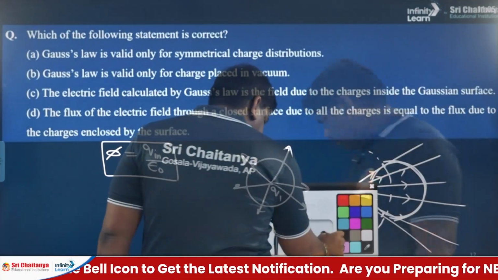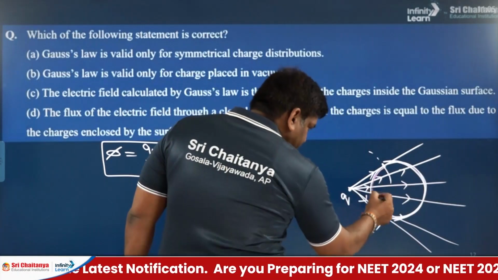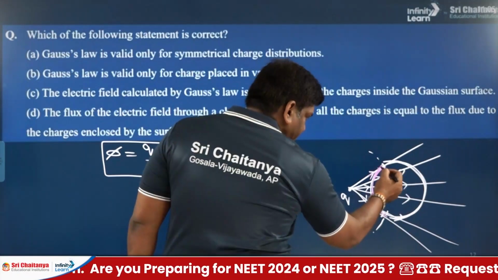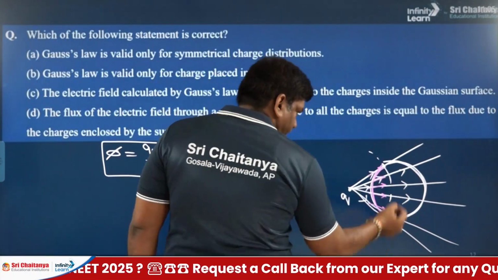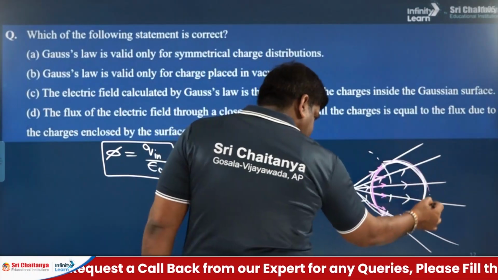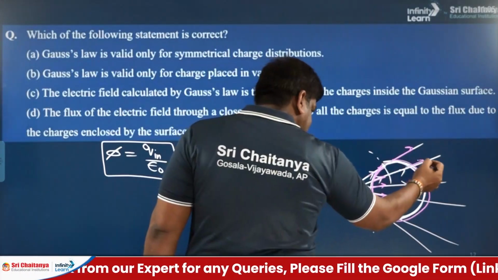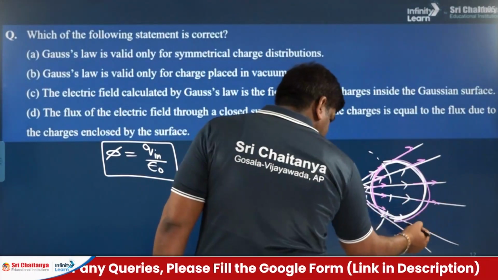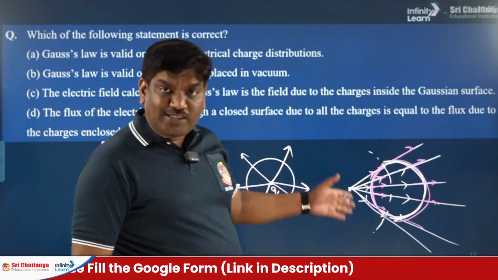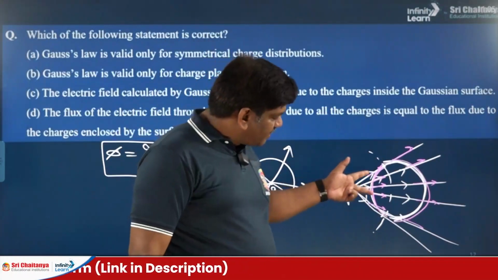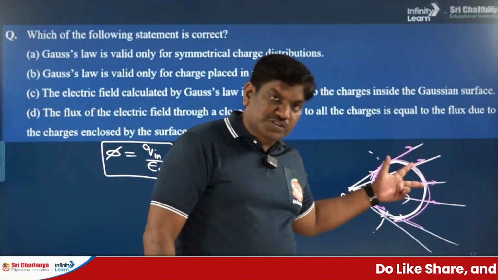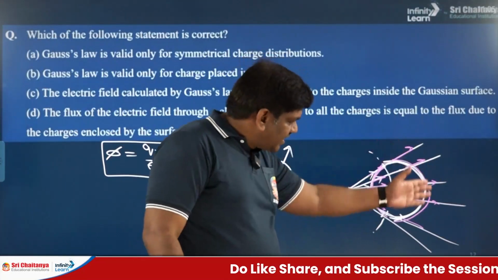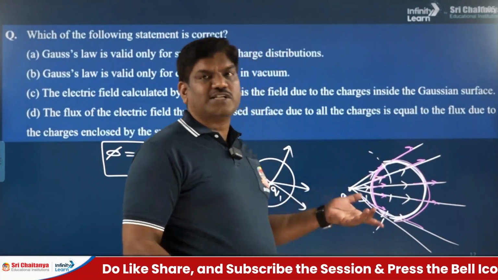Can you see that? So even if I calculate the total flux due to the outer charge, whatever amount of negative flux I have to add, the same amount of positive flux is coming out. That's why the overall net flux due to the outer charge becomes 0.